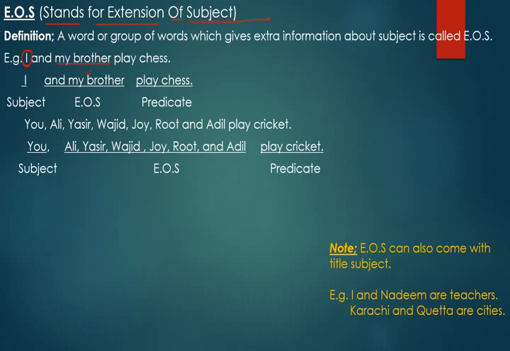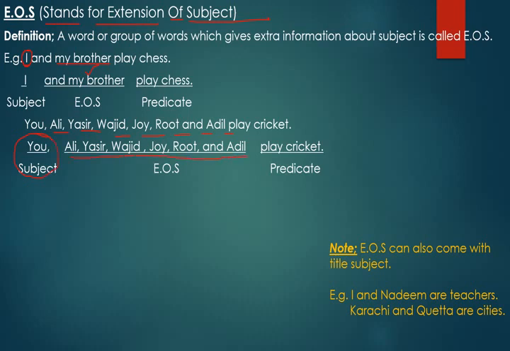Now, next example: there can be more than two or three words in EOS. Suppose I say, you play cricket. Now there is one subject. Someone may ask who else plays with you. Then you say, you, Ali, Yasir, Wajid, Joy, Root and Adil play cricket. Here in this sentence, you is your subject. Ali, Yasir, Wajid, Joy, Root and Adil are also involved in playing cricket.